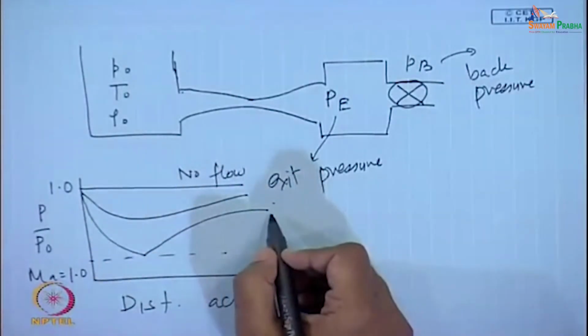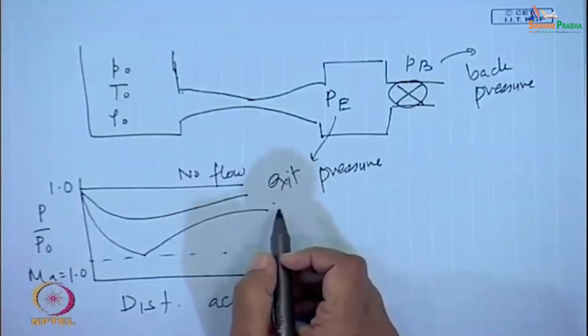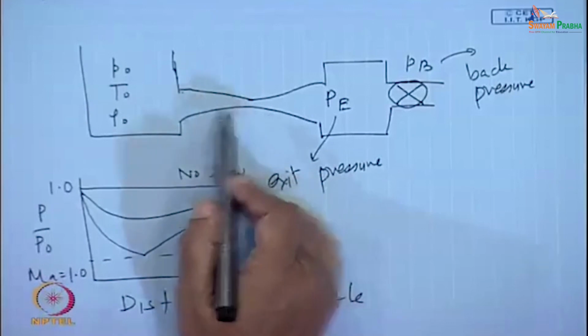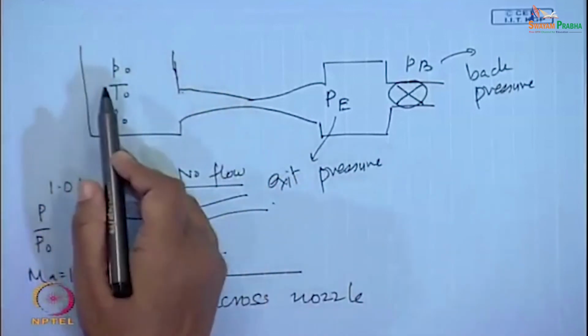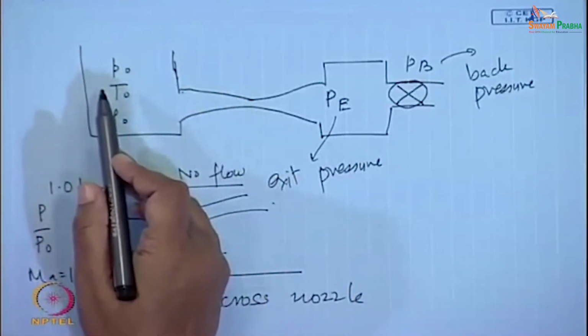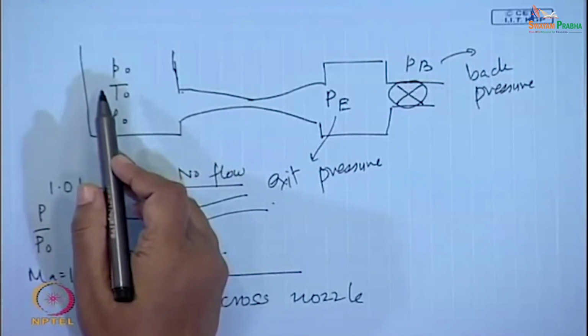Under this condition the flow rate is maximum. For this given nozzle and these stagnation conditions, we cannot increase the flow rate any further.